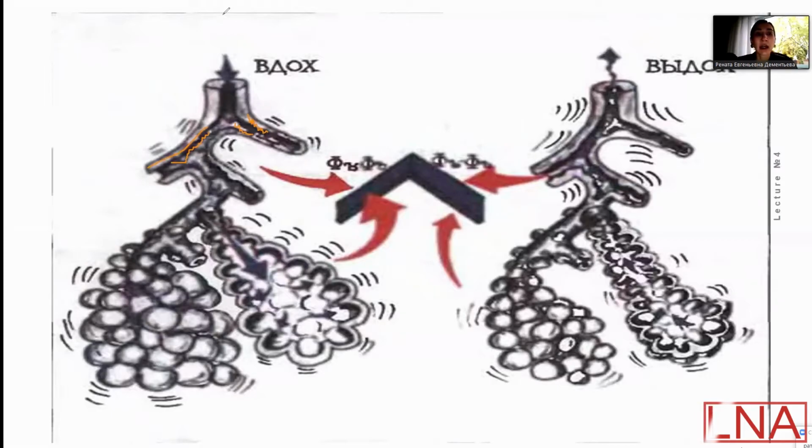And look, air enters the bronchus, the same mechanism, but because of the changes in the bronchus, it can be a reason for increased duration of such sounds in the phase of exhalation.